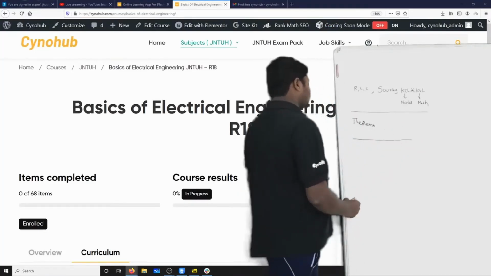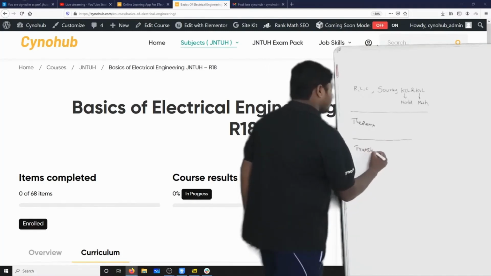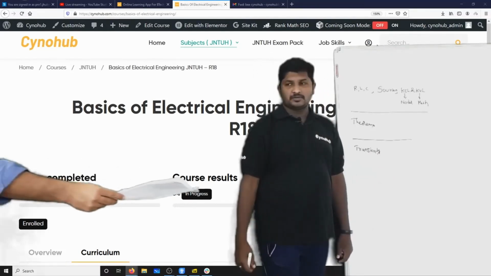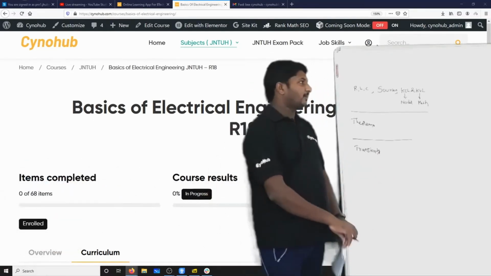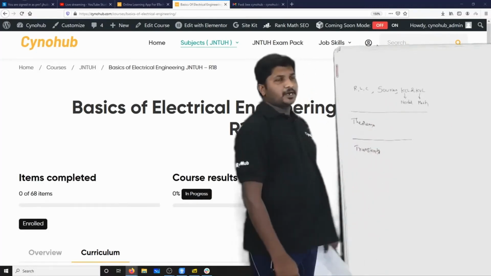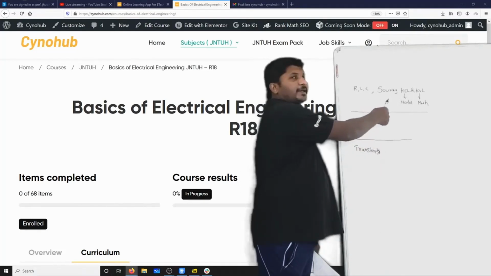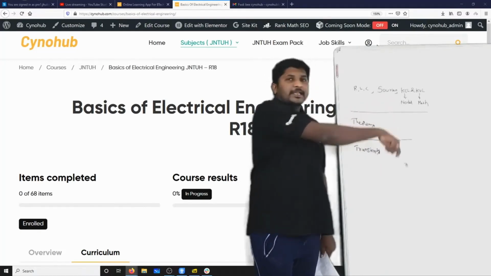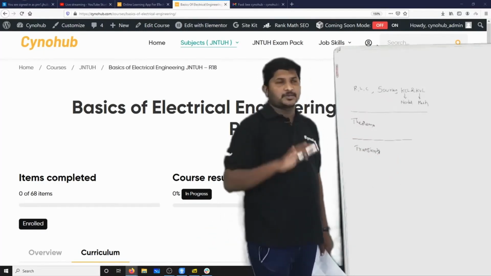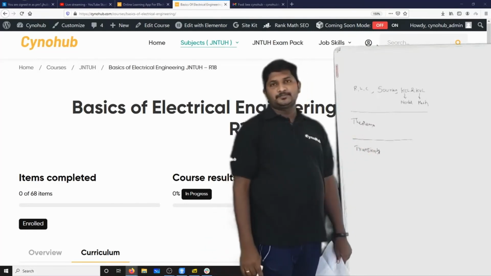And part 3 is transients. So, the 3 parts: part 1 consists of RLC parameters, sources, and KCL and KVL, where the KCL application is nodal and the KVL application is mesh. The second part is theorems and the third part is transients.